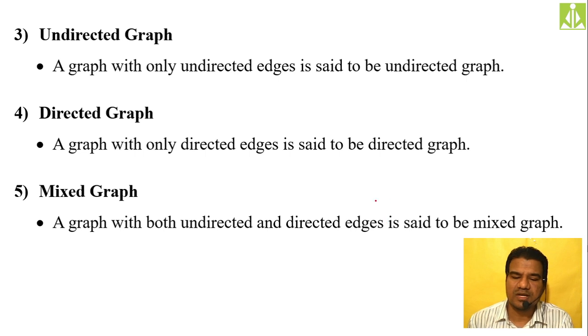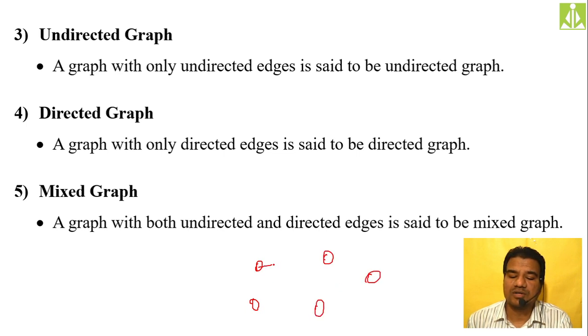Let us say you have different nodes like this and different edges between them. From here to here one edge, from here to here another edge, and like this we have all the edges between the vertices.